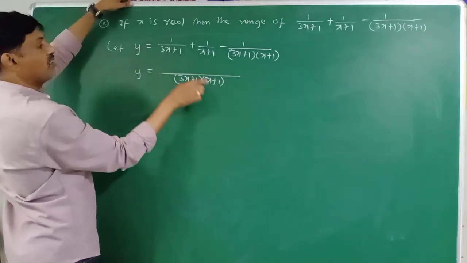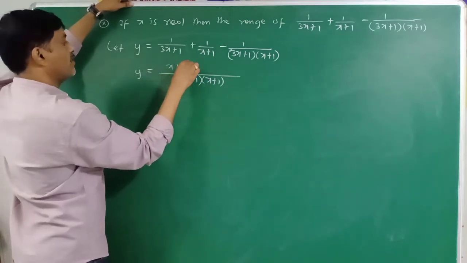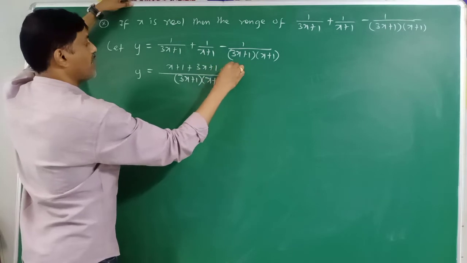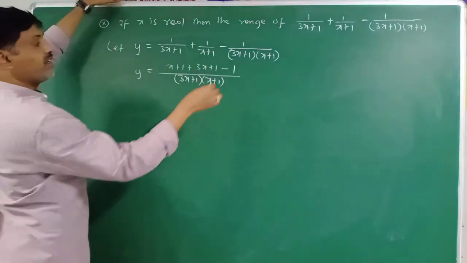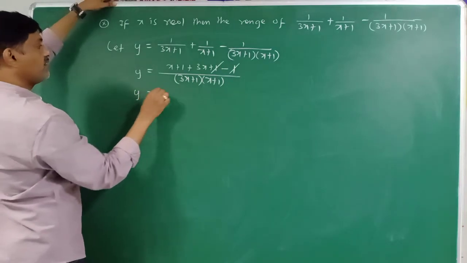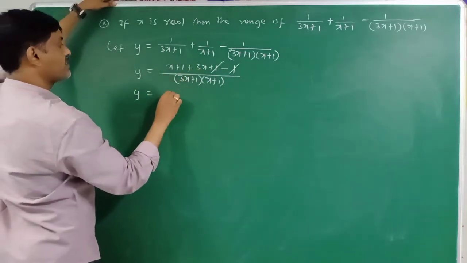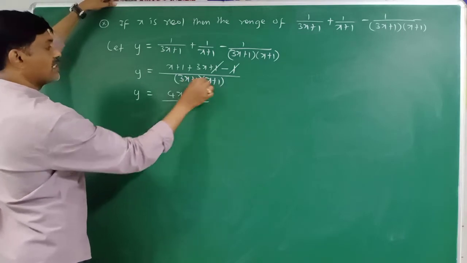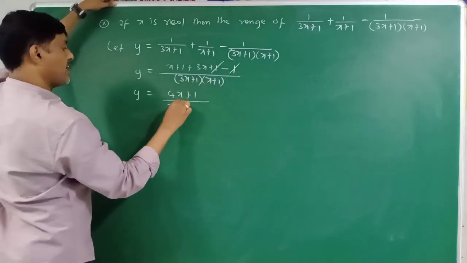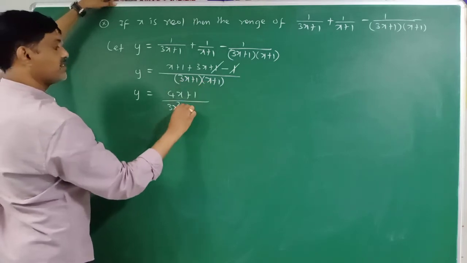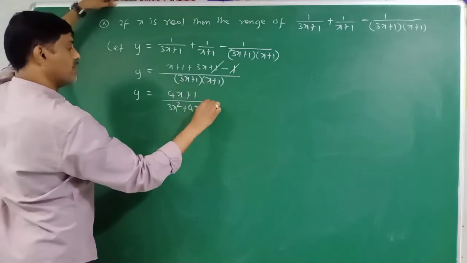Now this is 1×(x + 1) + 1×(3x + 1) − 1. The −1 and +1 cancel. So y = (x + 3x)/... that is (4x + 1)/(3x² + 3x + x + 1) = (4x + 1)/(3x² + 4x + 1).